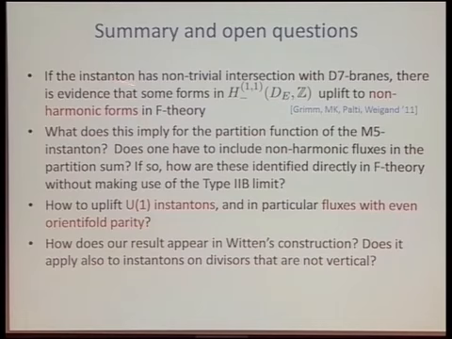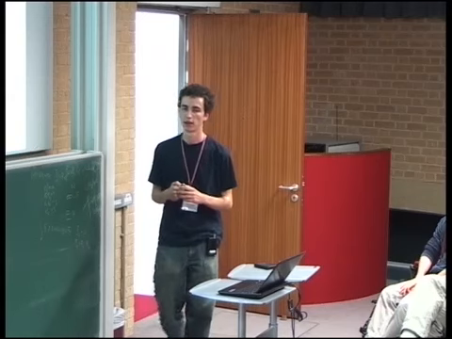And my final slide, well, just some speculative remarks. So there was some evidence given in this paper here that if there is a non-trivial intersection with D7 branes, then some of these negative parity 2-forms seem to uplift to non-harmonic forms on the F-theory side.